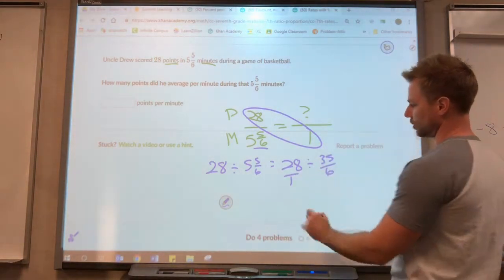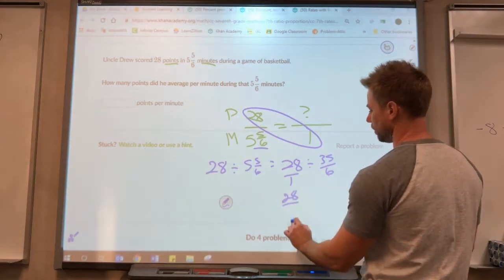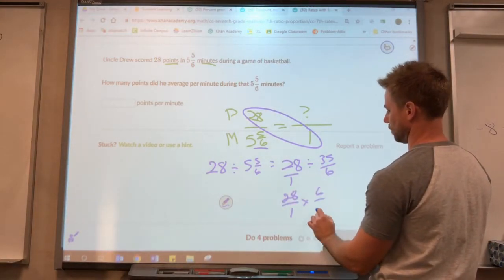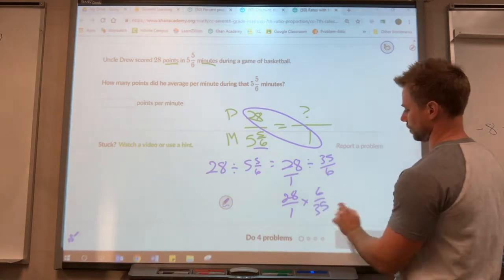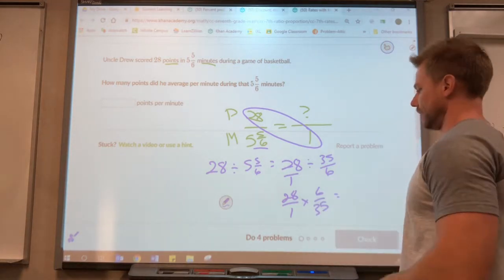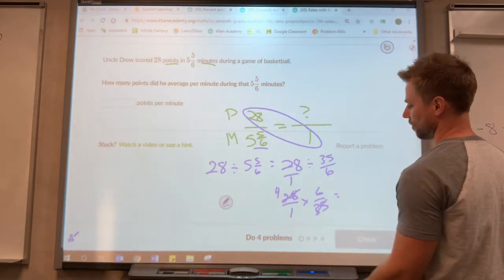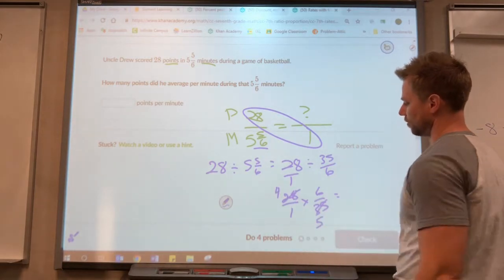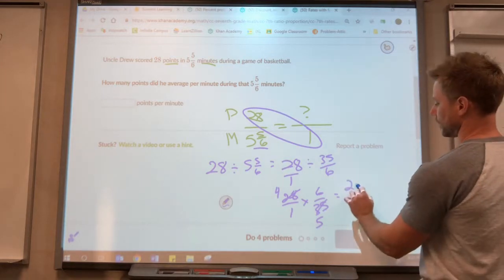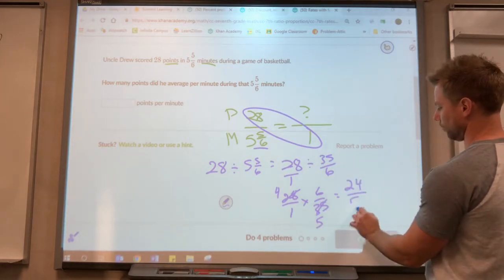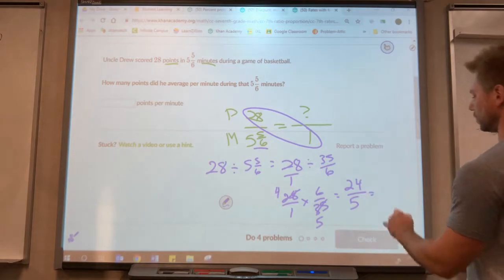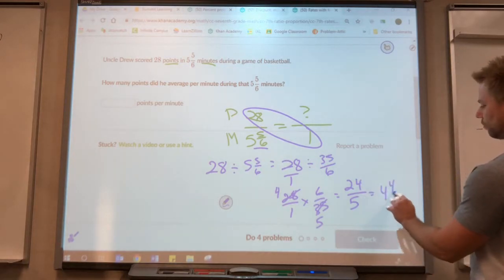We can't divide fractions, so we KFC. All right. Now 7 goes into 28 4 times. 7 goes into 35 5 times. So that turns out to be 24 over 5, which is going to be 4 4/5.